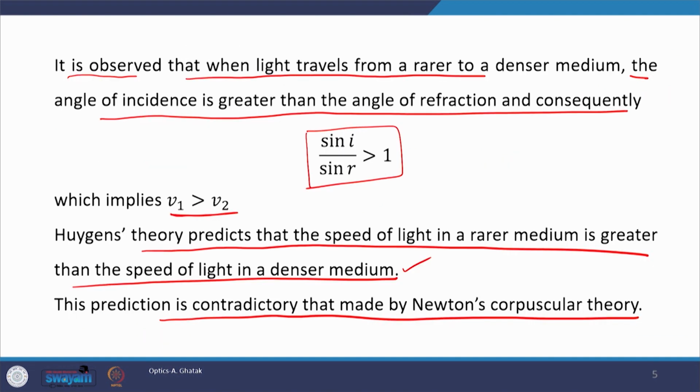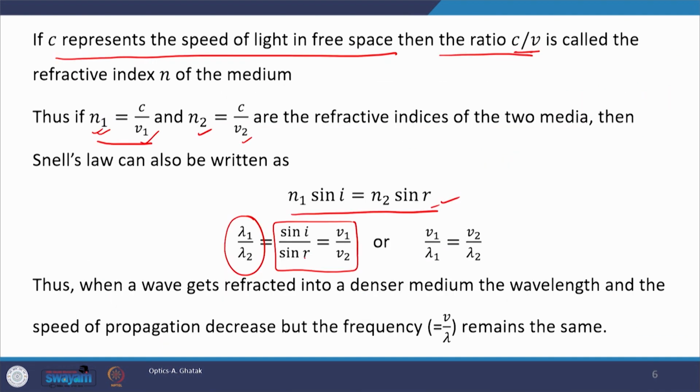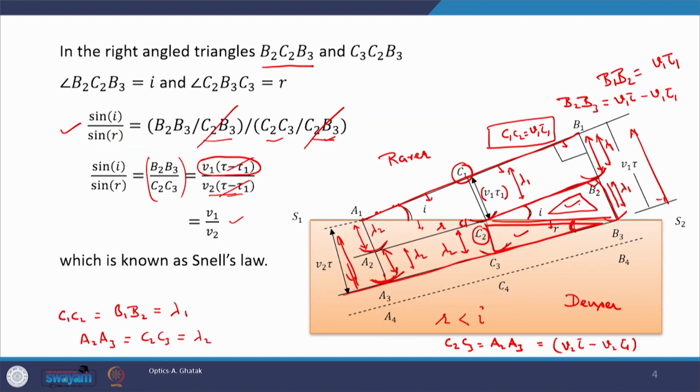If this is the case, then we can write this from the geometry in these two triangles.